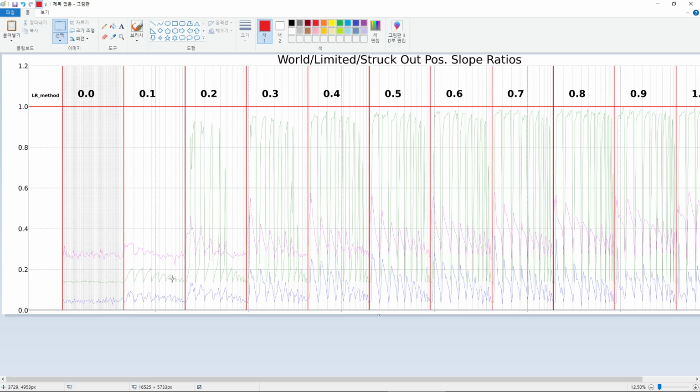The one interesting thing is that the green line, which is for the limited entities, the positive slope ratio gets higher from time to time, or most of the time.